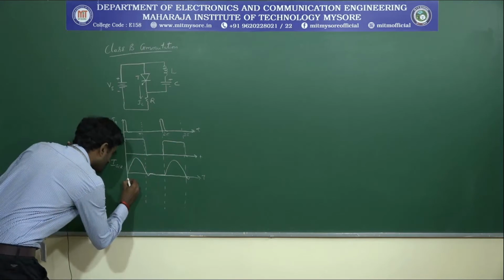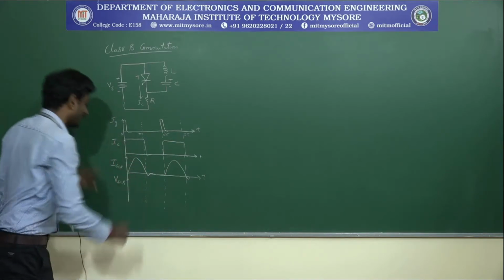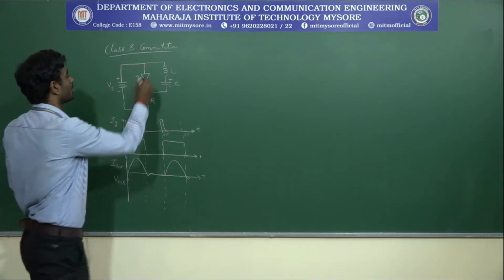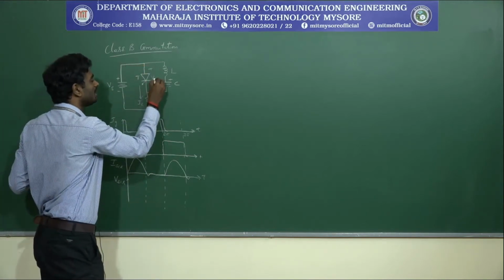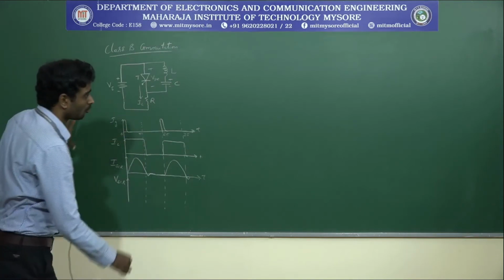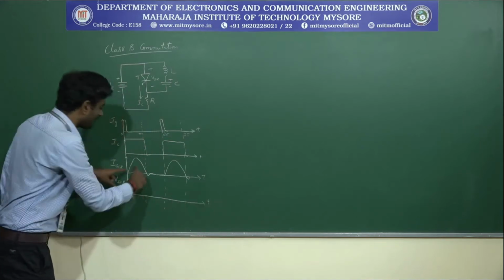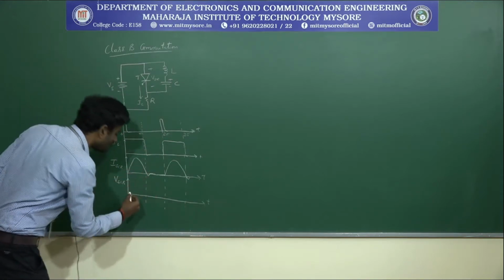Next, if you consider the voltage across the SCR, I have to measure the voltage across the SCR, that is VSCR. What happens here? If the current increases, the voltage has to be minimum.